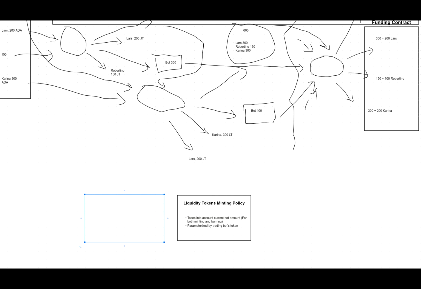I think it should. I find the idea of having the lock contracts elegant, but merging the payout contract and the payment contract by just modifying... When a user creates the UTXO, it just puts the key hash at the datum.